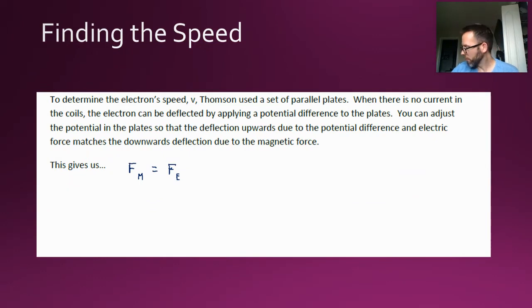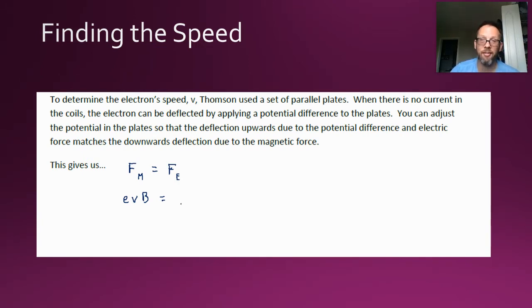All right, let's plug some stuff in. F_m, we know how to get that. It's evB, where e is the charge on an electron. Why no sine? Because we're assuming theta is equal to 90 degrees. And the electric force, we know how to calculate that too. Just like F_g equals mg, F_e equals qε.